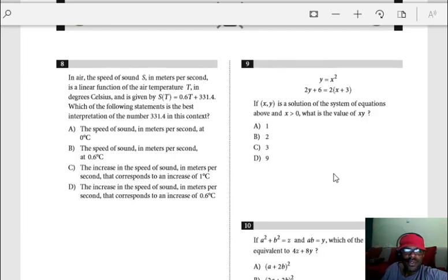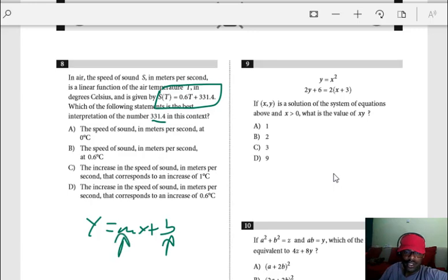In air, the speed of sound in meters per second is given by an equation. As I see here, it goes directly to the equation. Which of the following is the best interpretation of the number 331.4? y equals mx plus b; this means the initial amount, or starting amount. The slope is the rate of change, and b is the term independent of x. Whatever x is, b is always there as the initial value, even if x is 0. So 331 means the speed even when the temperature is 0.